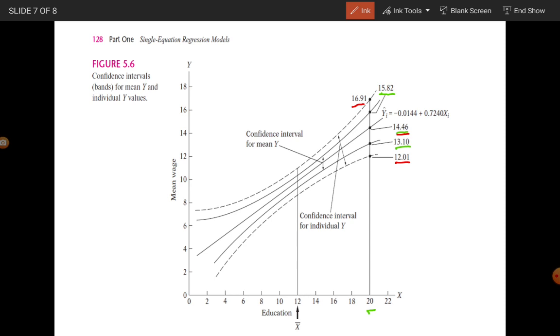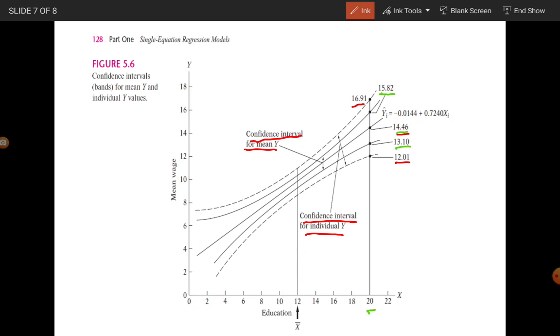And then they have joined the lower limits and the upper limits separately to get these bands, right? The continuous line is the confidence interval for mean y, and the dotted line is the confidence interval for individual y.